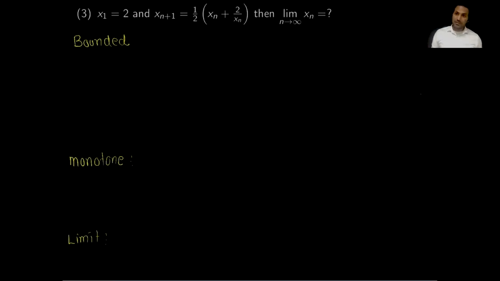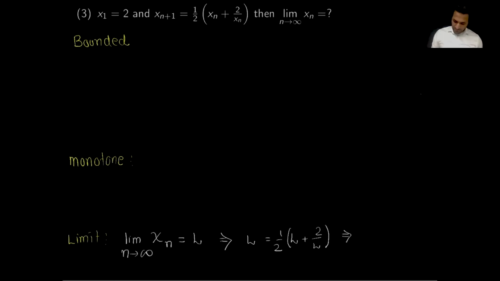So let's assume this sequence is convergent and the limit of this sequence as n approaches infinity, this time the sequence is x n, is L. If I take my recurrence relation and take the limit on both sides, I will get L equals 1 half L plus 2 over L. It is pretty clear that L must not be 0 because L is in the denominator.